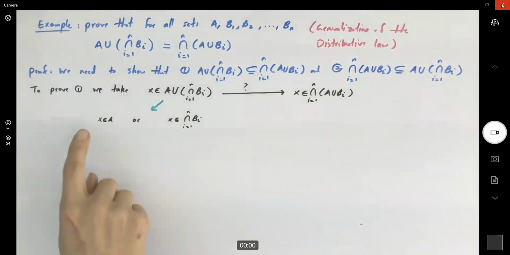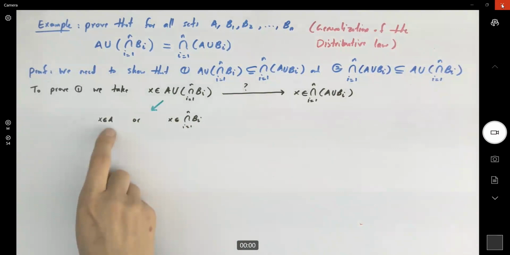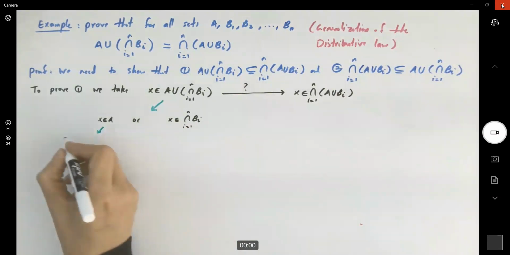Very good. So since x belongs to A, x belongs to A union with any set. That's common sense using the definition of the union.